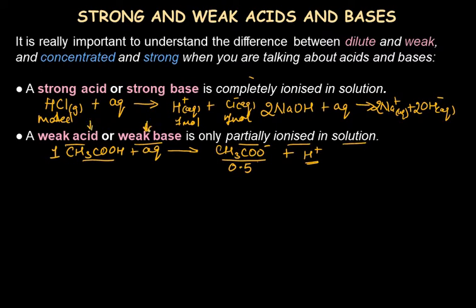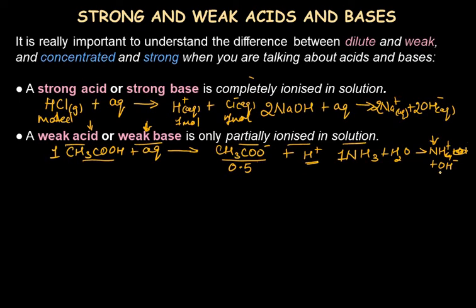Another example of a weak base is ammonia. Ammonia is a weak base. When we dissolve that in water, then we get NH4 plus ion and hydroxide ion. Now, the same thing applies: suppose if we have taken 1 mole of ammonia, we will not get 1 mole of ammonium ions and 1 mole of hydroxide ions.